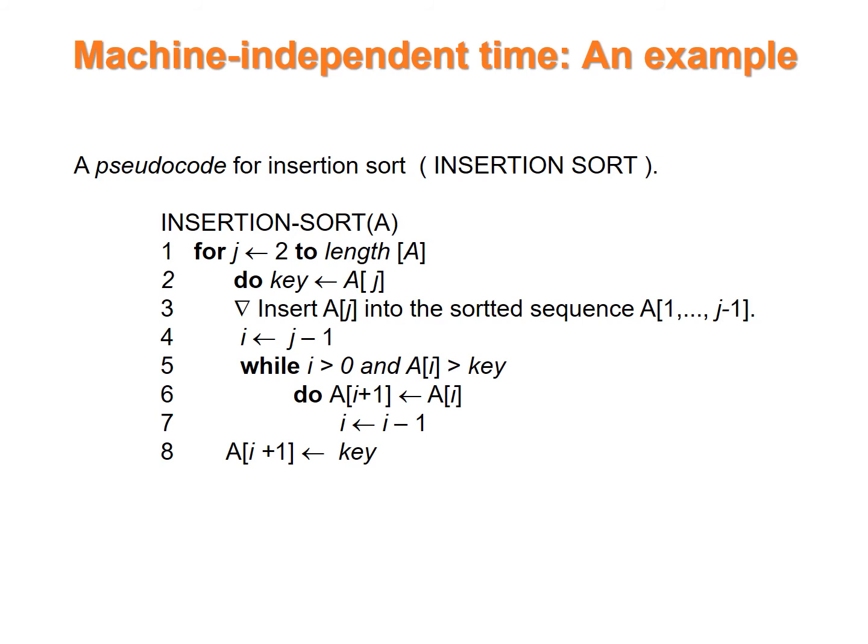Step 7: i gets i minus 1. Step 8: A of i plus 1 gets key.